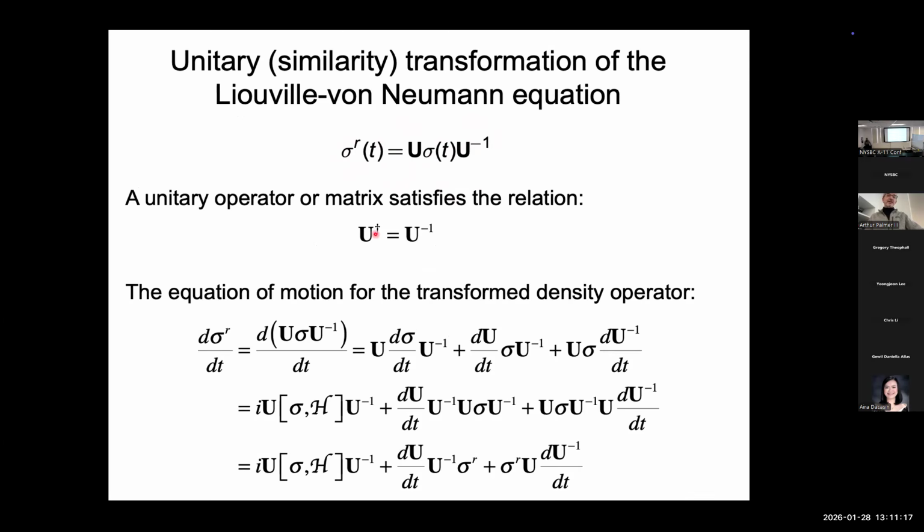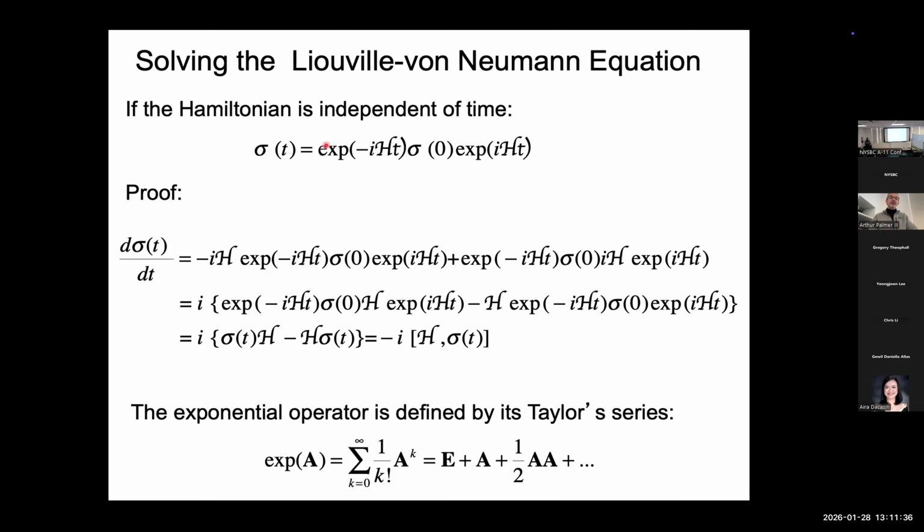As I said, a unitary operator or a unitary matrix has the property that the adjoint is equal to the inverse of the operator. That's distinct from a Hermitian operator or Hermitian matrix, where the adjoint is equal to the operator.